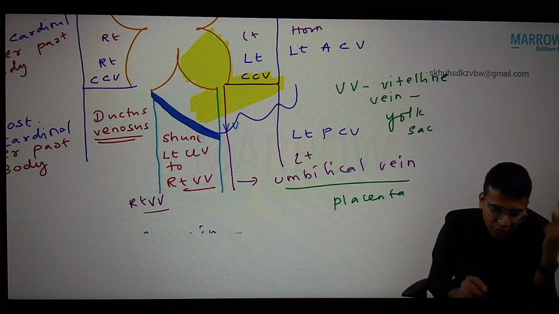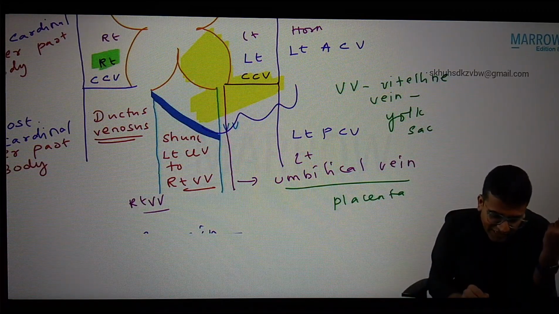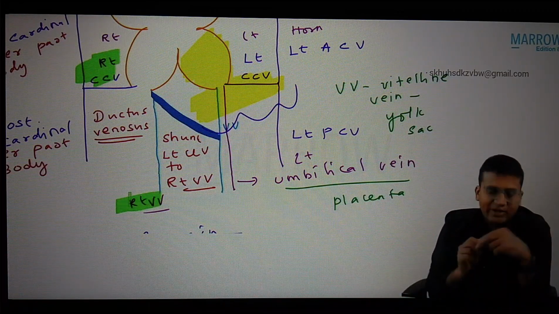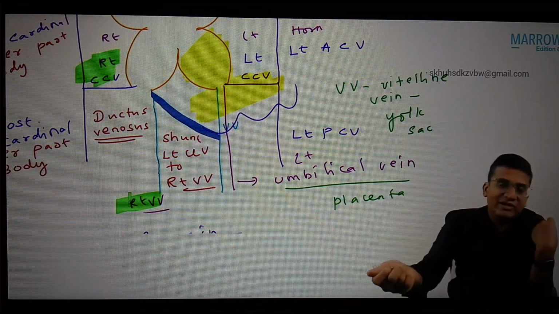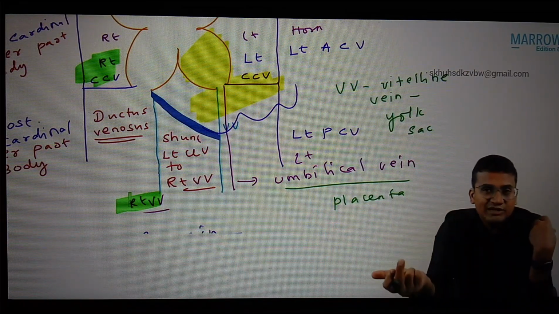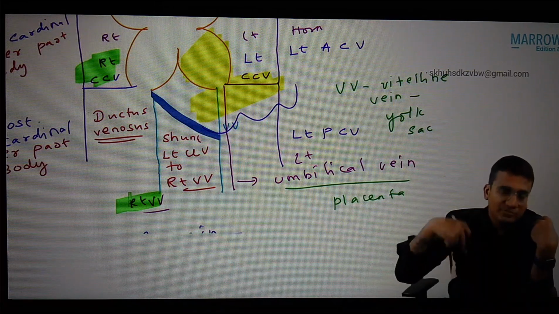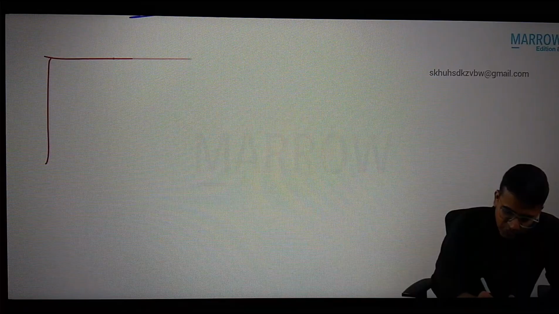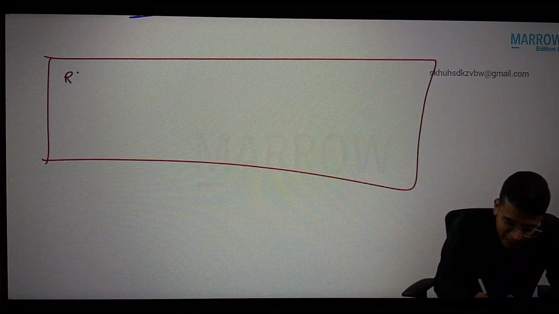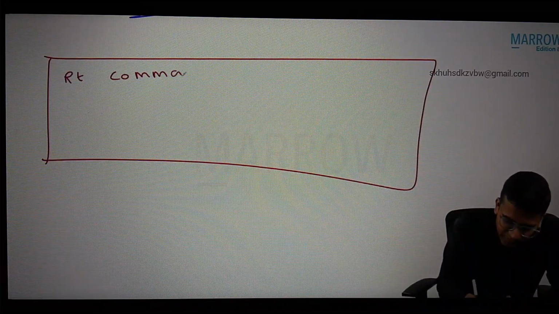Right. Now come to the right side. Now on the right side we have only 2 veins. What are those? Right common cardinal vein and right vitelline vein. Right common cardinal vein forms the, very good, superior vena cava, and right vitelline vein forms the cranial part of IVC. Very good. So now please put one box and write right common cardinal vein.